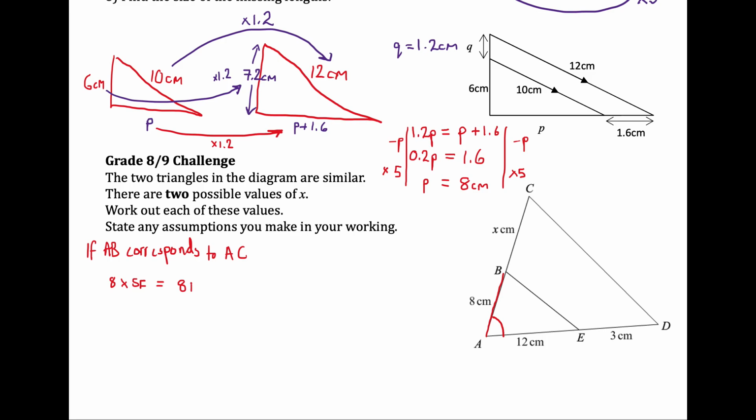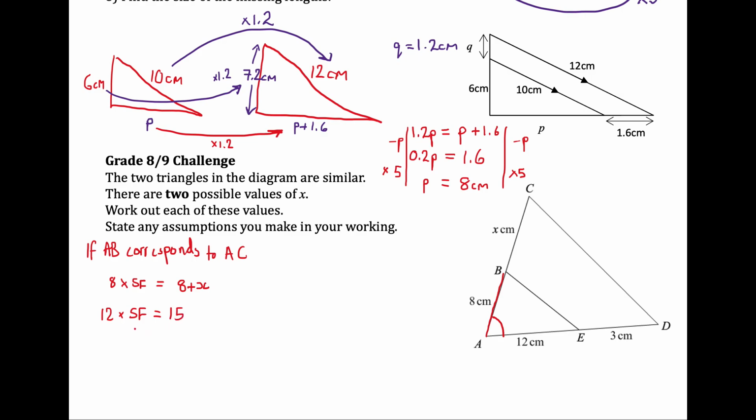That's what we can call the length of the overall side. And 12 times the scale factor would equal the overall length of this bottom one. Okay, so that would be 15.